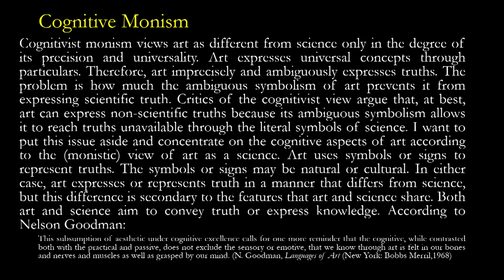So, Nelson Goodman tries to explain this cognitive monoism by saying that art might also try to explain the truth around in the universe, but it cannot do away with the emotive part of it. Art has to be emotive, art has to express feelings.